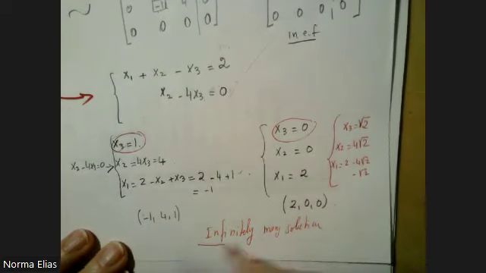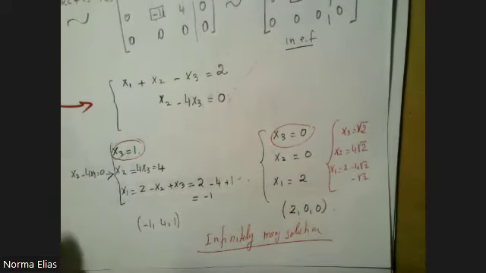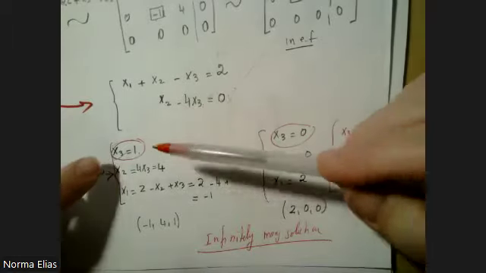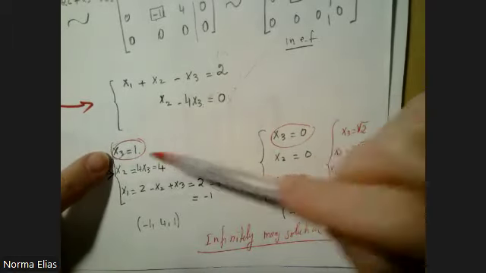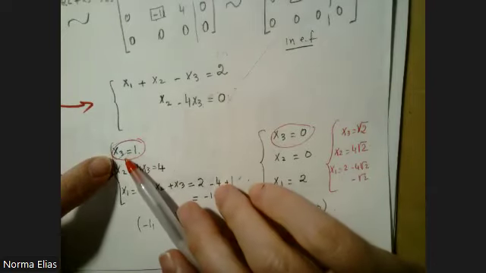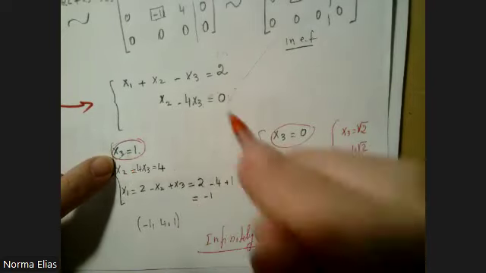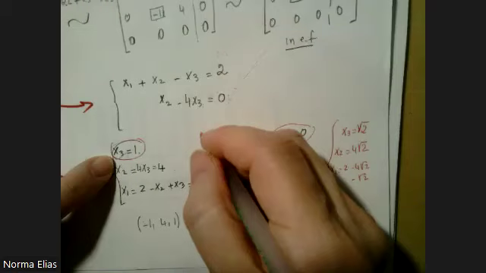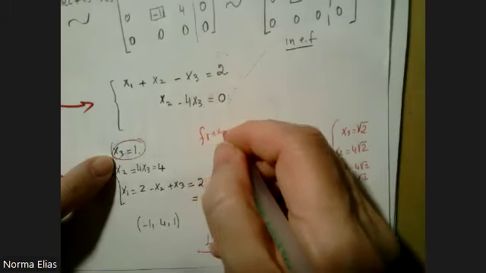Infinitely many. Okay. Now, x3, we're going to give it a name. Since x3 can take any possible value, we will call x3 a free variable. And you don't have to write this down, we're going to define this rigorously in a second.